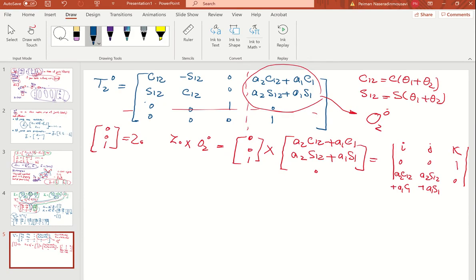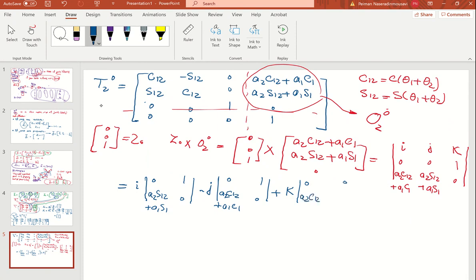So this is equal to i times the determinant of 0 1, a2 sine 1 2 plus a1 sine 1 and 0, minus j times the cofactor 0 1, a2 cosine 1 2 plus a1 cosine 1 and 0, plus k times the determinant of 0 0, a2 cosine 1 2 plus a1 cosine 1, a2 sine 1 2 plus a1 sine 1.